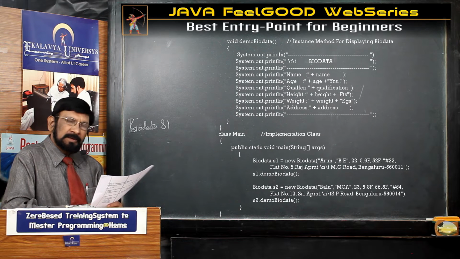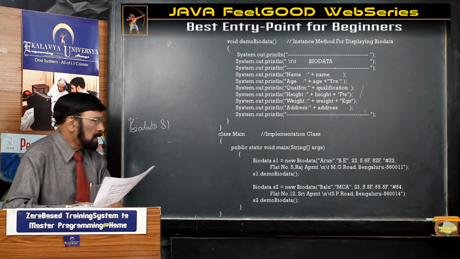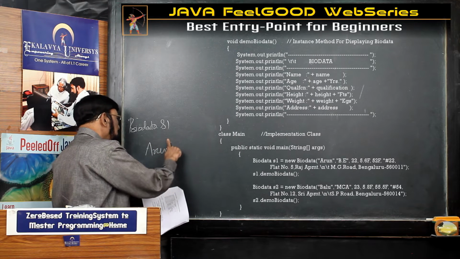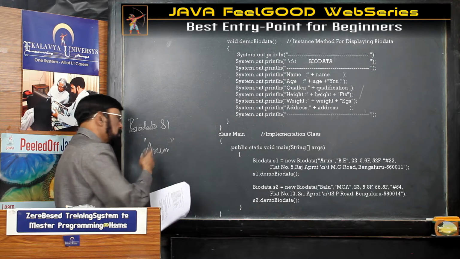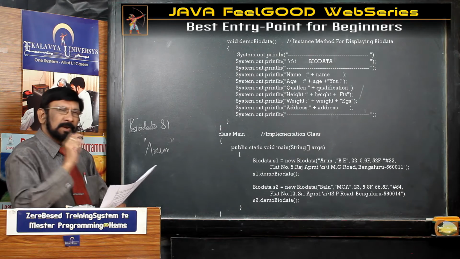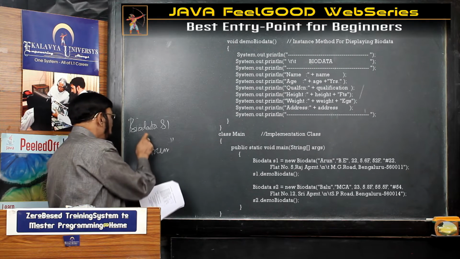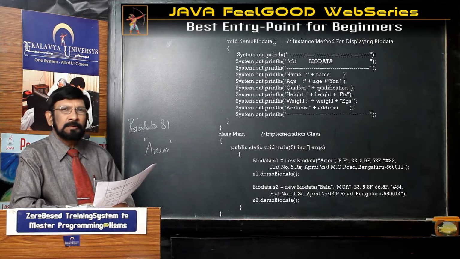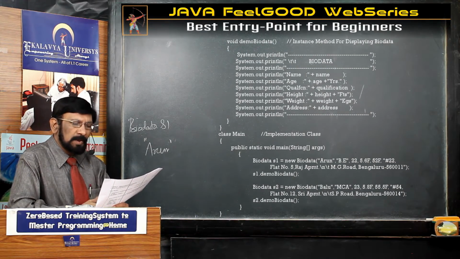So in which order we are passing, Arun. And one more mistake you may commit, prevention is better than cure. That's why I'm telling you. Whenever you are passing a string, don't forget to enclose it with a pair of double quotes. Okay.